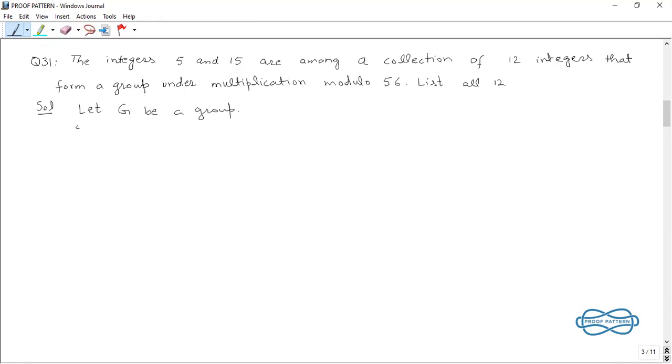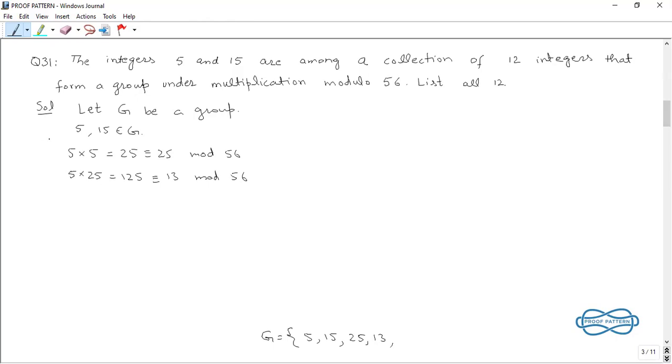Because 5 and 15 both belong to this group, whenever we multiply 5 with 5, which is equal to 25, and of course 25 is congruent to 25 modulo 56, so this 25 belongs to G. Now 5 multiplied by 25 is equal to 125, which is congruent to 13 modulo 56. So we get another element, which is 13.